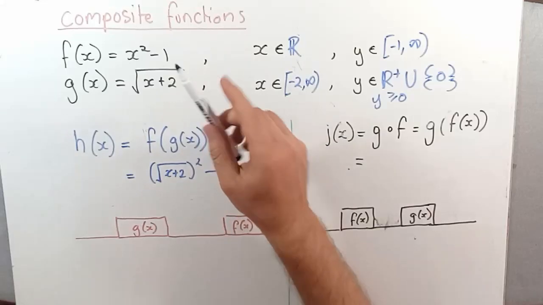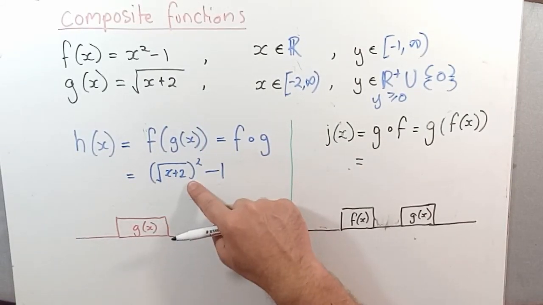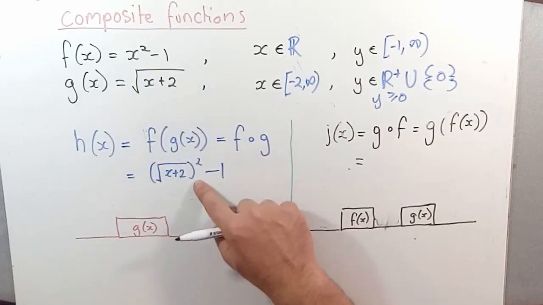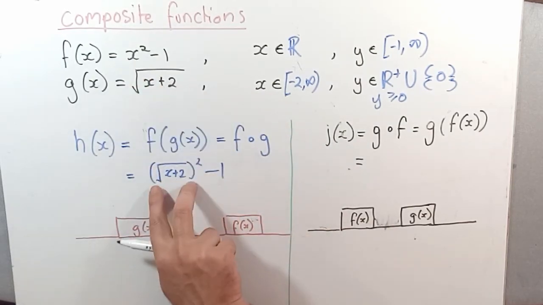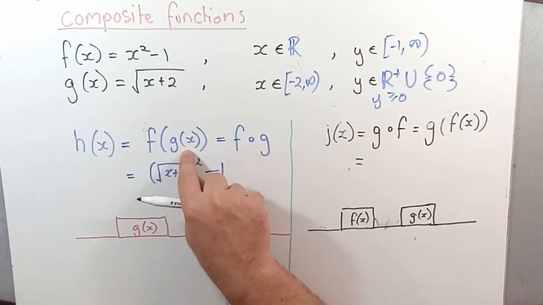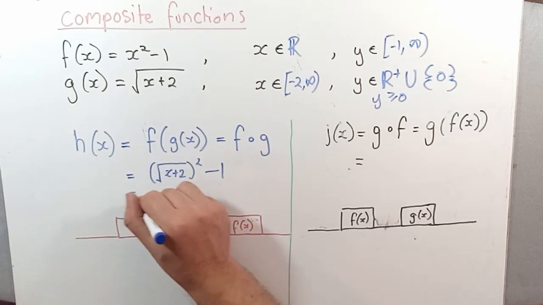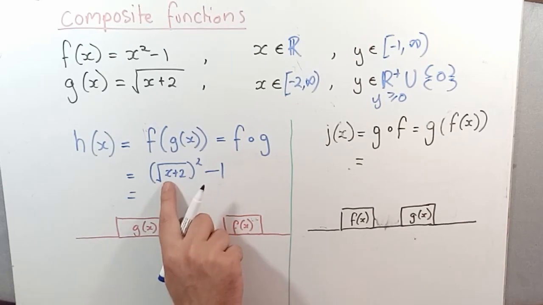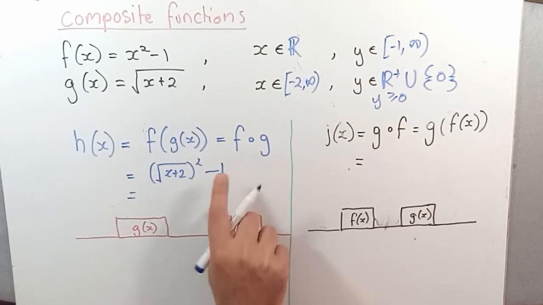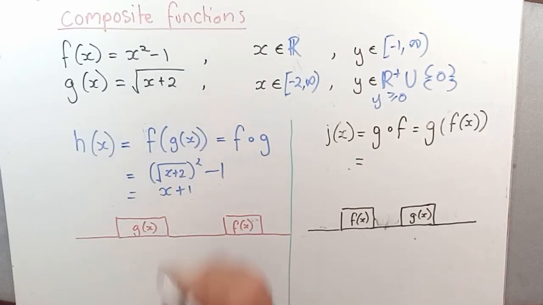So this is like x squared minus 1, and for every x, instead of having x that is squared, I'll put the whole function g of x in. What does that look like? If you square a square root, they sort of cancel out. So I get x plus 2 minus 1. So I just get x plus 1.